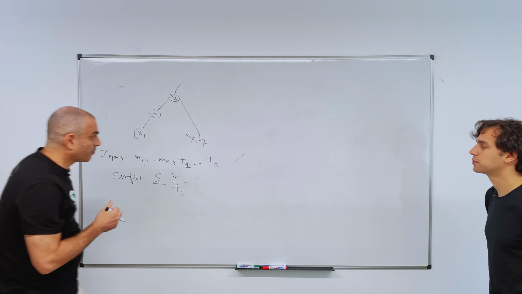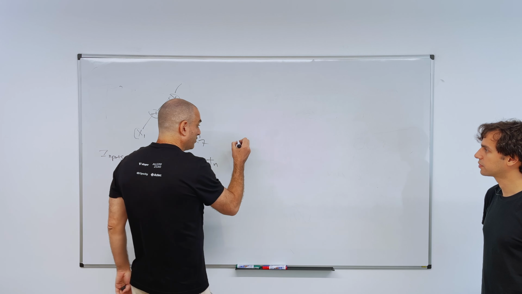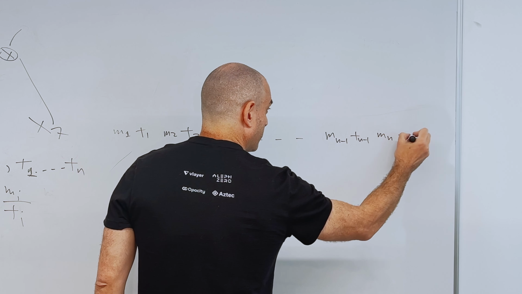Yeah, so for example, the simplest thing would be a binary tree. So we have, say, inputs. Let's think of our inputs as being, let's interleave the m's and the t's. So we have, say, m1, t1, m2, t2, and so on, m n minus 1, t n minus 1, m n, t n.